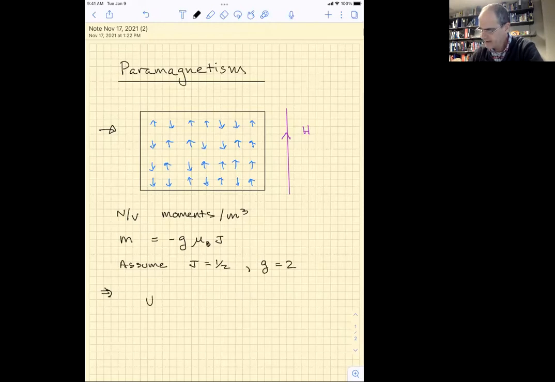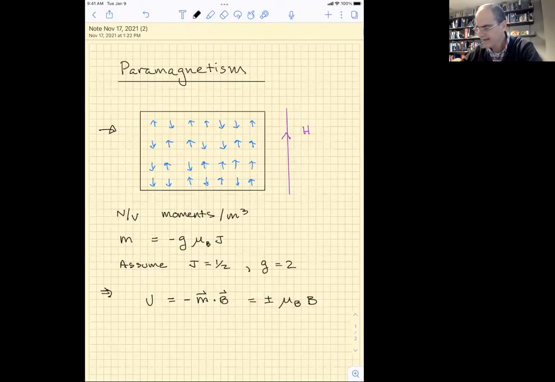So the potential energy for the magnetic energy is minus m dot B. And so we found this was plus or minus mu_B times B, okay?